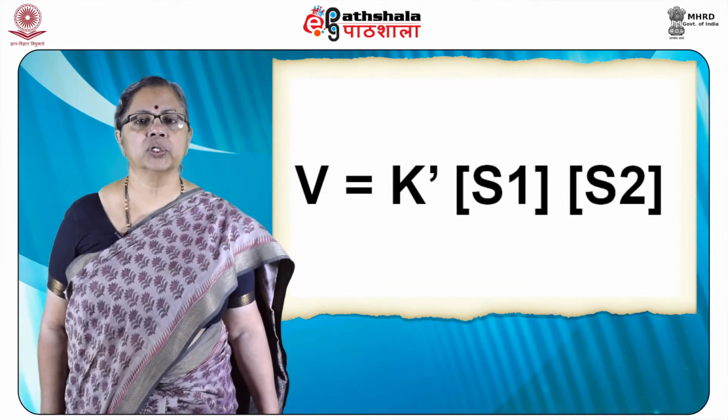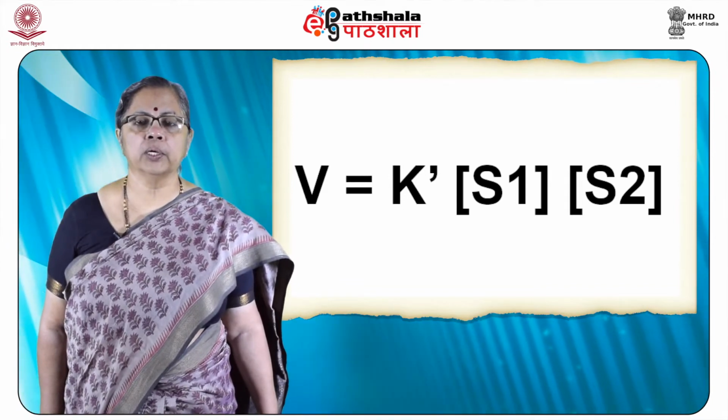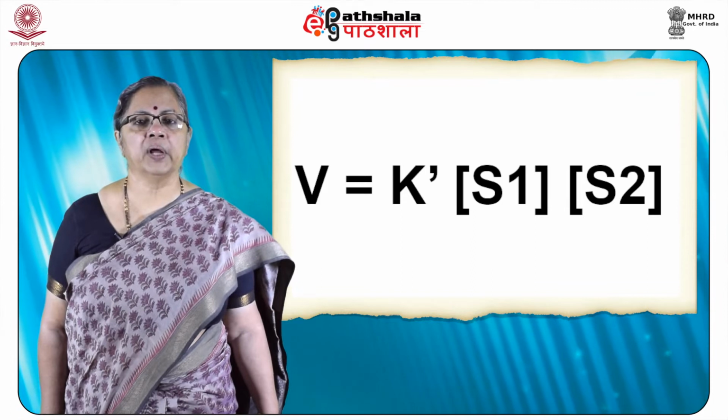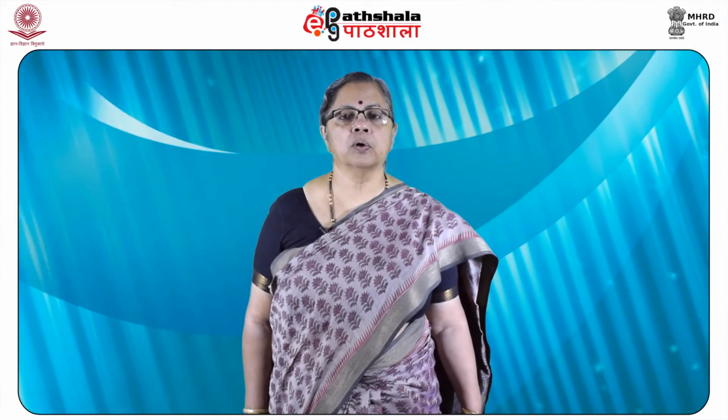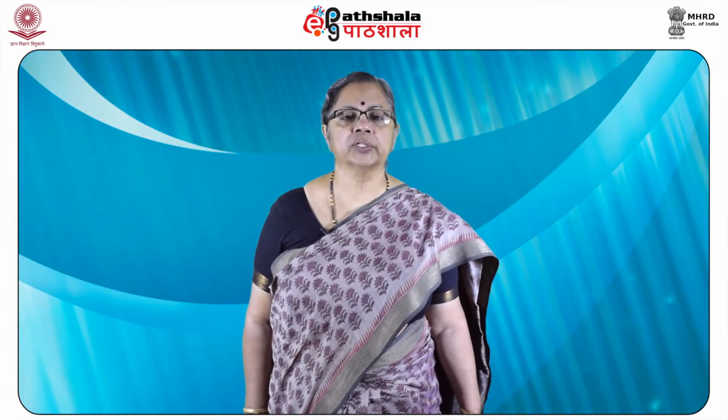Therefore, the reaction is a second order reaction and K prime is the second order rate constant. Many enzyme catalyzed reactions generally fall into first or second order rate reactions.